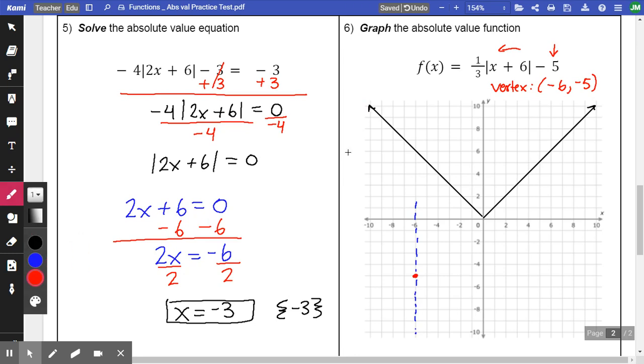The slope here, a, is going to be 1 over 3. For every 1 that I go up, I'll go over 3, going to the right first. So up 1 and over 3 this way. And you can plot points along the way and then reflect it about the axis of symmetry to this point.